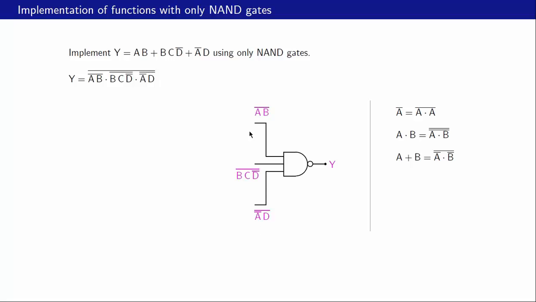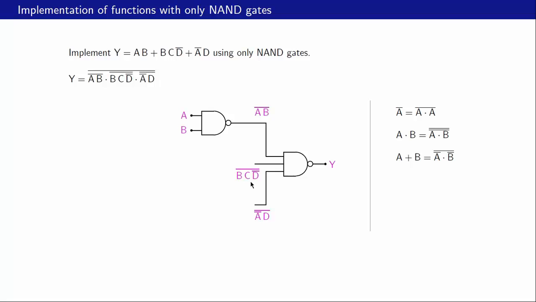How do we obtain AB bar? That is in fact nothing but the NAND operation itself, and therefore all we need to do is to connect a 2 input NAND gate here with inputs A and B, like that. What about this term? We have BC D bar and the bar of that.